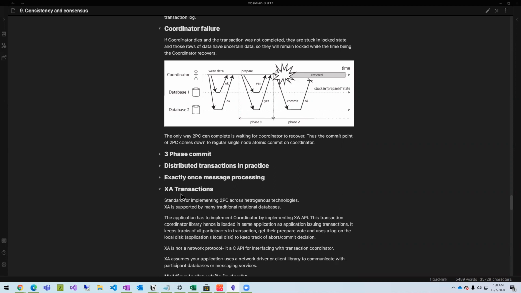So my question is, MySQL and all, if we are doing a distributed transaction among the same database, don't they have something inbuilt, so that you don't have to implement XA transaction on your own? Because at least in this book they have mentioned that XA is generally used for heterogeneous systems, when they belong to different companies.